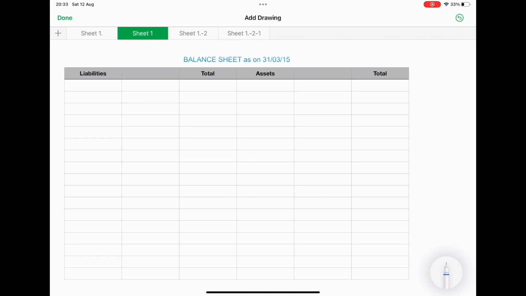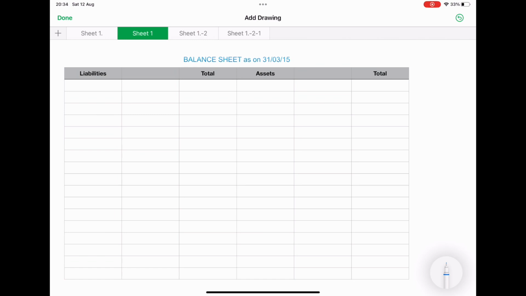You have to mention the company name if they have given it in the question. Here I just prepare a random table in order to calculate. You also have to write down the company's name while writing the heading. So you have to mention balance sheet of Gayatri Traders as on 31st March 2015, like that.